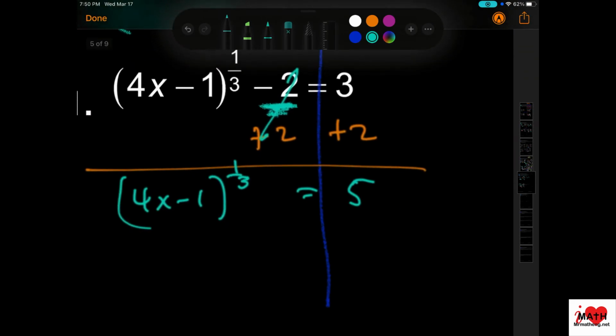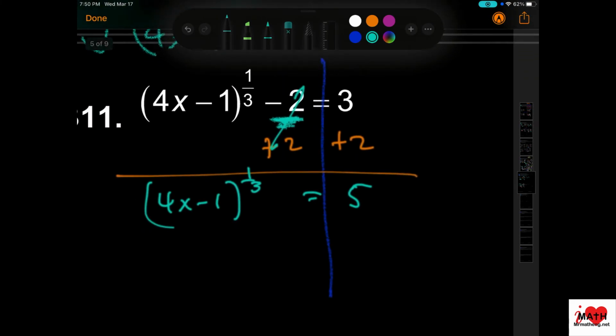And how do you get rid of that 1/3? You really just want to multiply it by its reciprocal. And that's just 3 over 1, or just 3. So you're basically raising both sides to the 3rd power. On the right side, you get 5 to the 3rd power, which is 125.